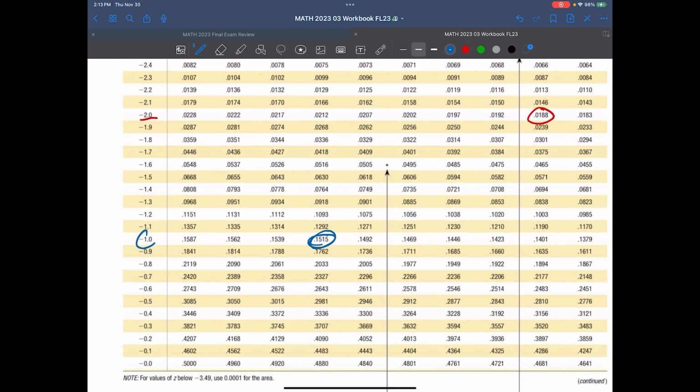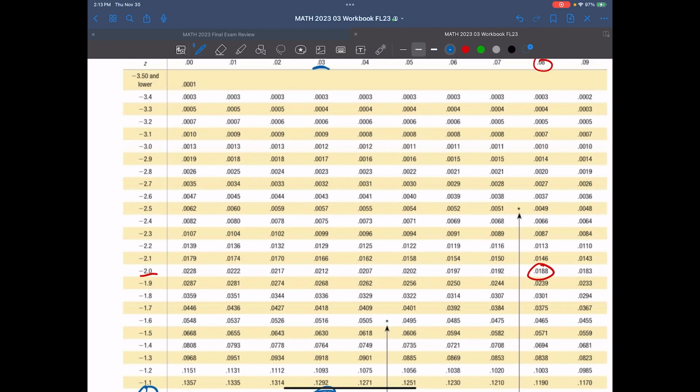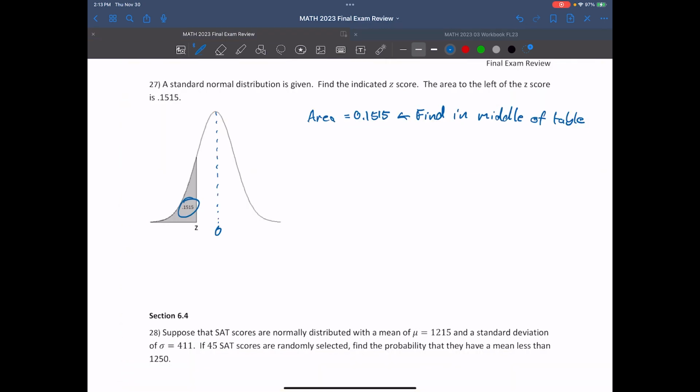So that's going to be negative 1.03. So here we find that the z-score is negative 1.03. And that makes sense based off of what we said. That should be left of 0.